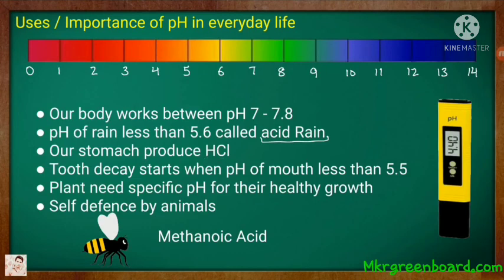Our stomach produces hydrochloric acid, HCl. Tooth decay starts when the pH of the mouth is less than 5.5.